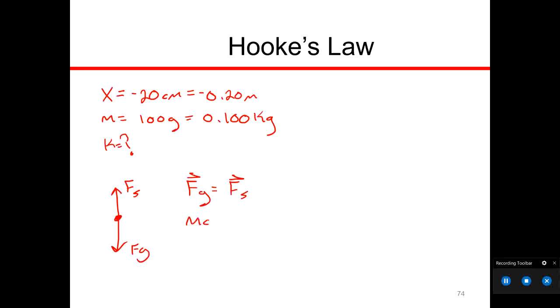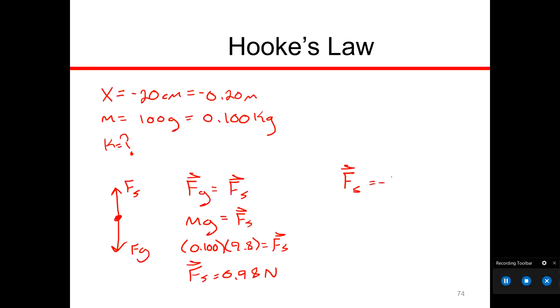Okay, so let's calculate Fs, because if we know our spring force, we can then calculate K. So Fg is mass times gravity. Mass is 0.100 times 9.8, or we get a spring force of 0.98 newtons. Now from this, we can use our equation. Now the spring force is up, so it's positive. So Fs is equal to negative Kx.